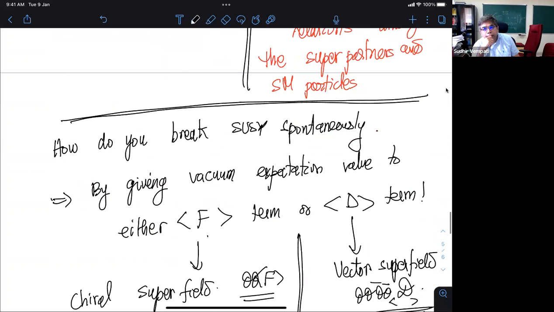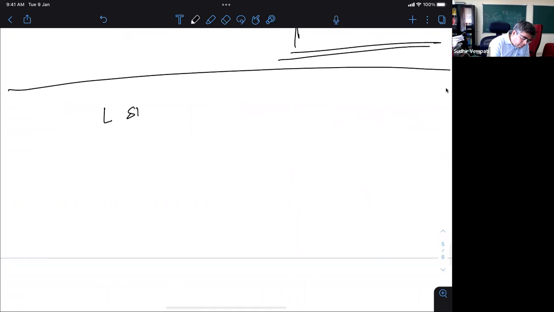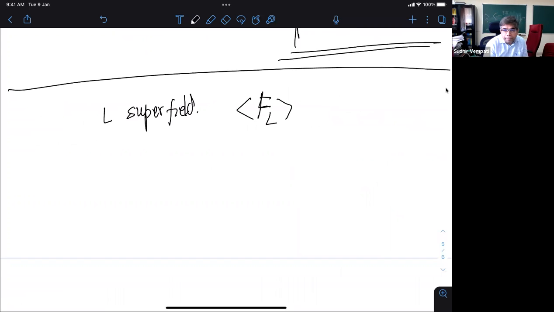Within that multiplet, for example, if the F belongs to one particular multiplet, say the L superfield, and I give the F term of the L superfield a vacuum expectation value, then these mass relationships are still valid even if supersymmetry is spontaneously broken.